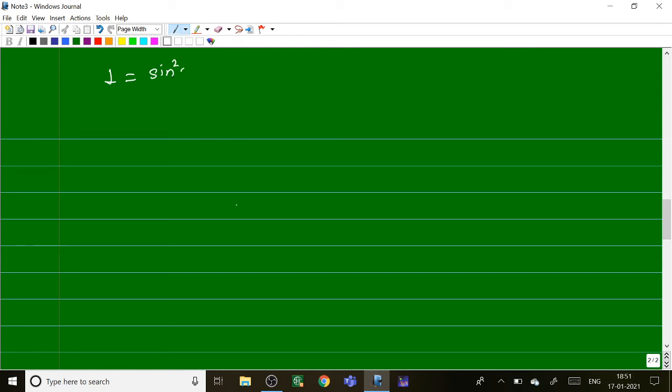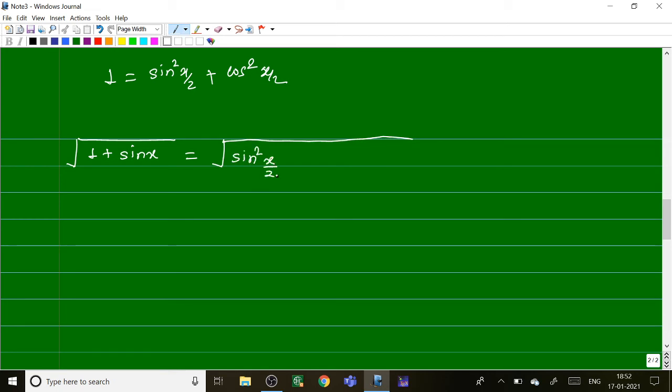sine square x by 2 plus cos square x by 2, right? Therefore my root of 1 plus sine x will be root of sine square x by 2 plus cos square x by 2 plus 2 times sine x by 2 into cos x by 2.